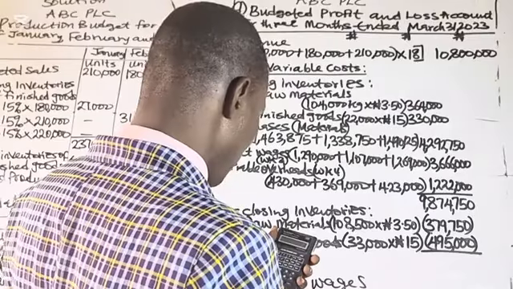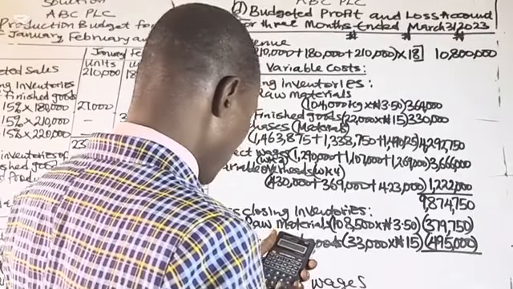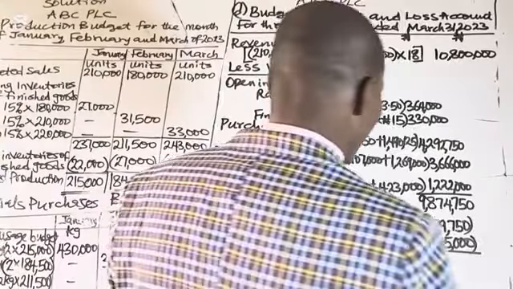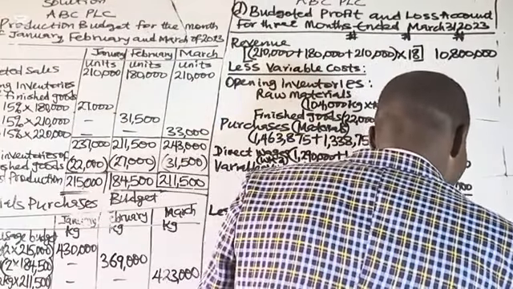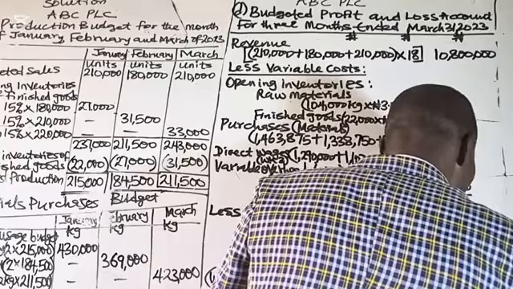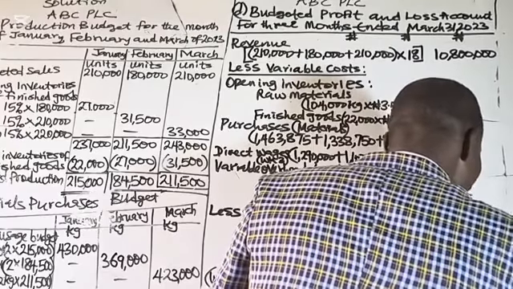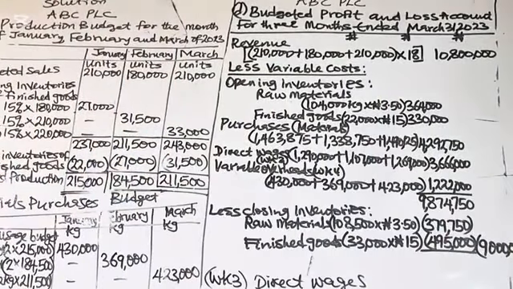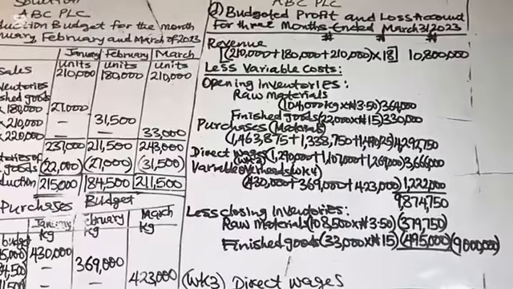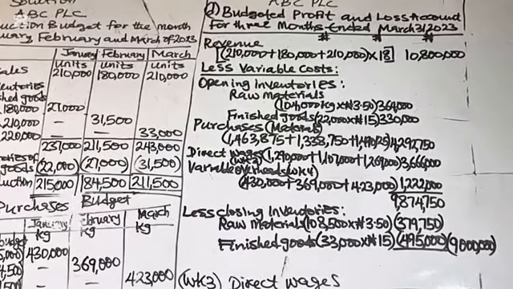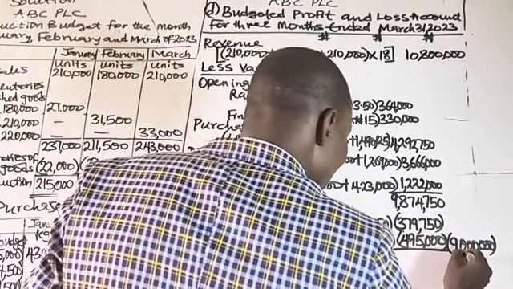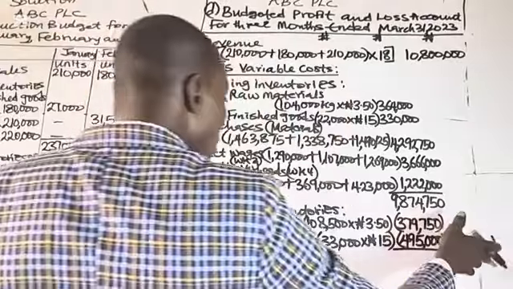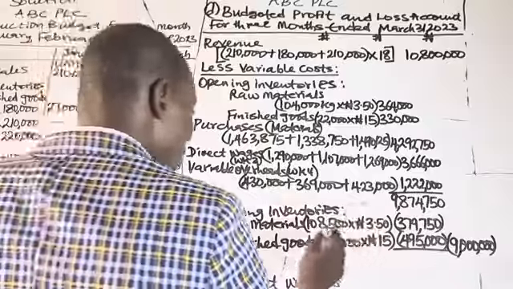So we have 9 million. The variable cost is 9 million.